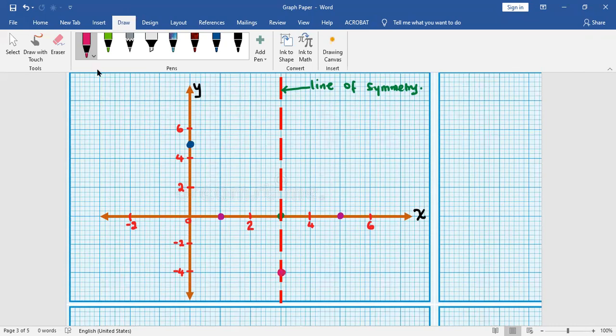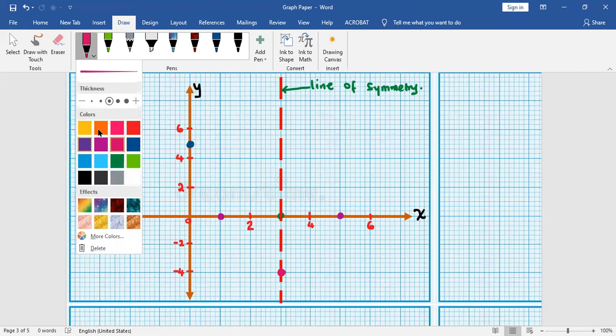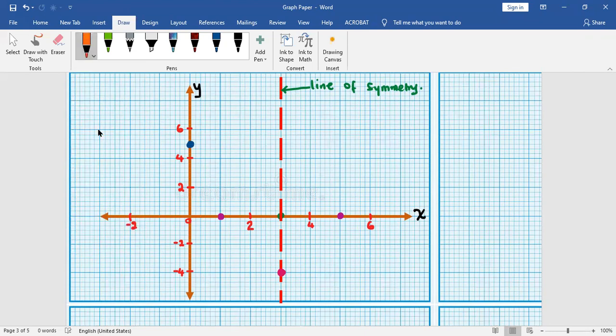Okay, now, since we said that the line of symmetry divides the graph into two equal parts, this means that if we look at the y-intercept, I have 3 units to go to the line of symmetry. This is 1 here, 2 here, 3 here.